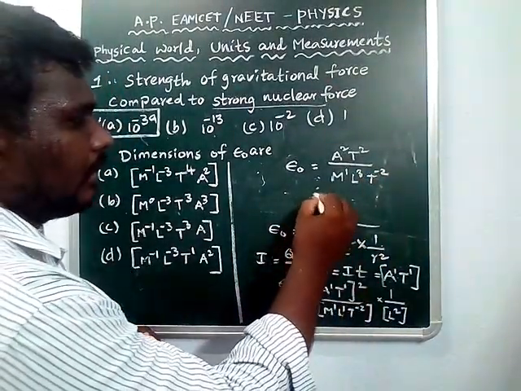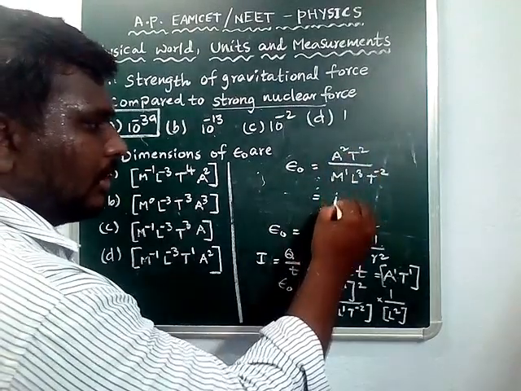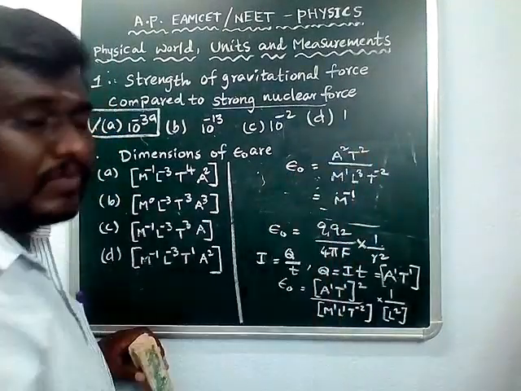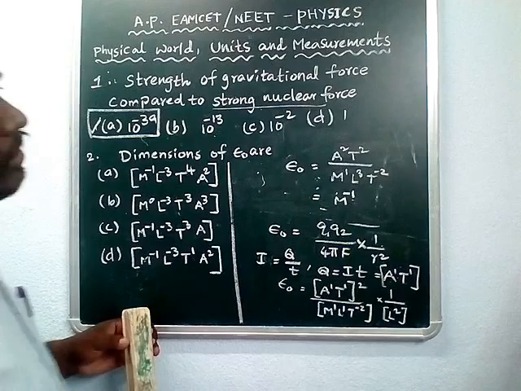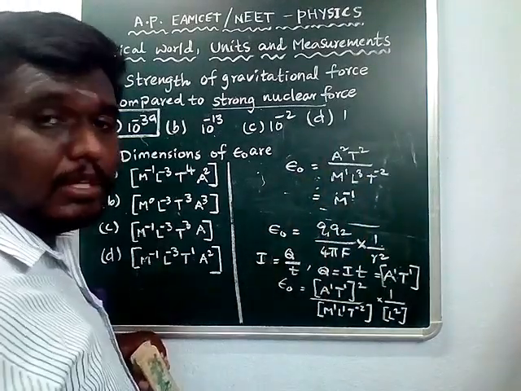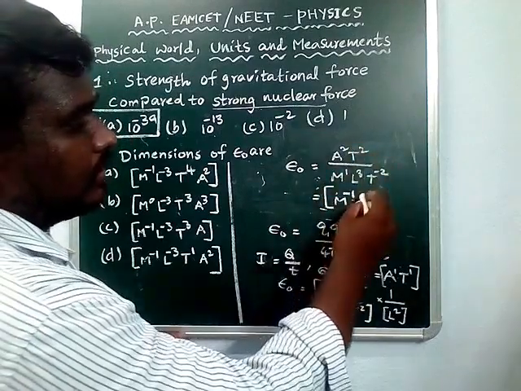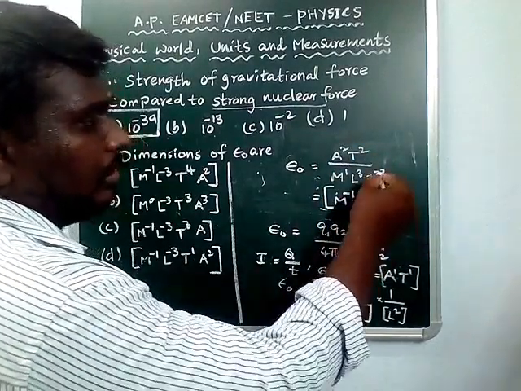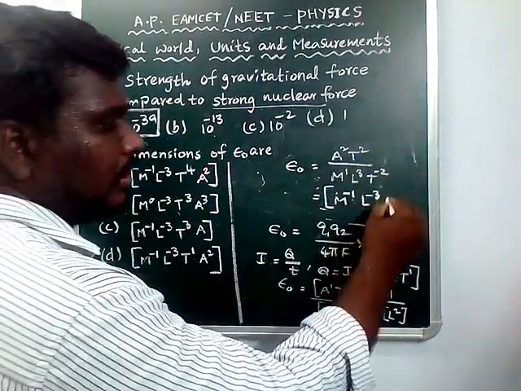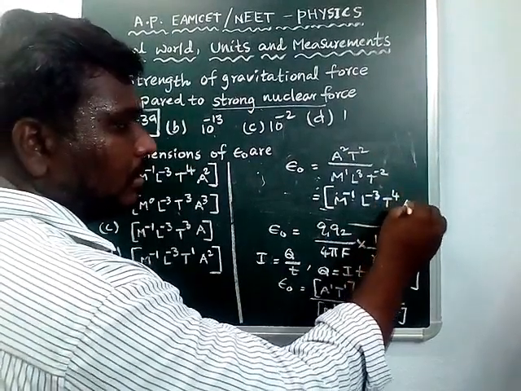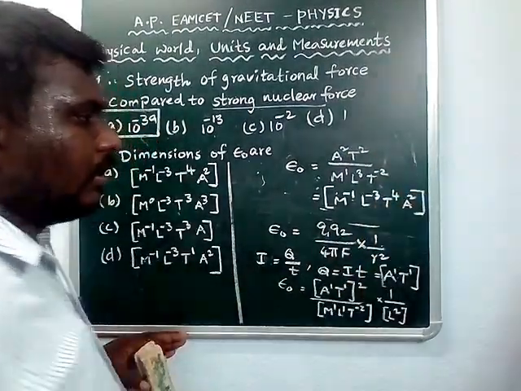If you take the denominator into the numerator, M power minus 1, L power minus 3, T power minus 2 becomes plus 2, so T power 4 A square. Understand? That means A power 2.